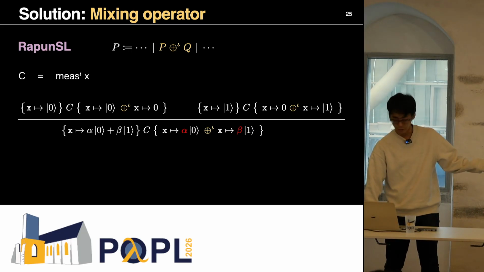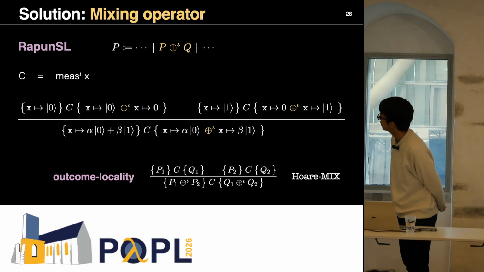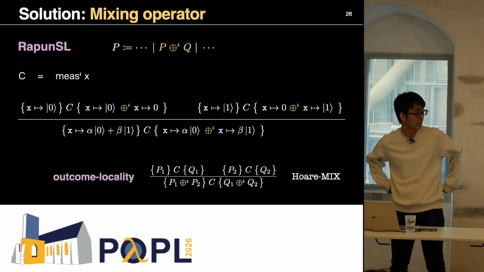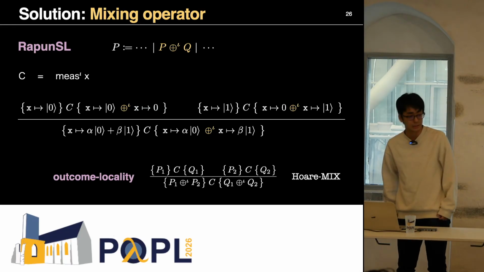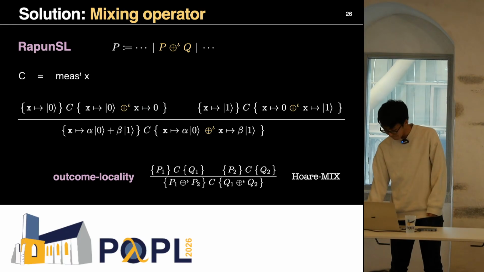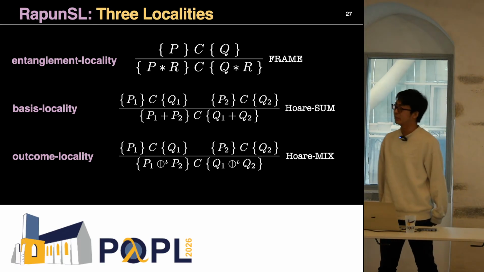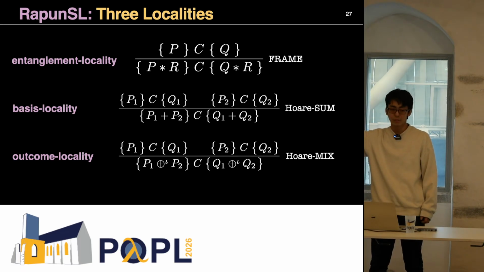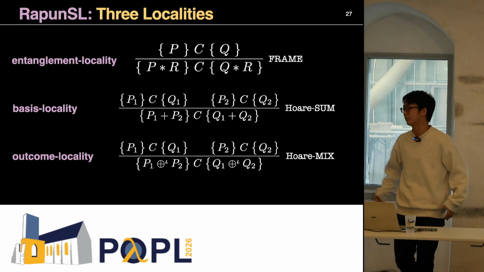And corresponding to this mixing operator, we also have a rule which allows you to combine two Hoare triples by the mixings. We call it outcome-locality. So far, I have presented three localities, each corresponding to separating conjunction, sum, and mixing. And this is the core idea of our work.